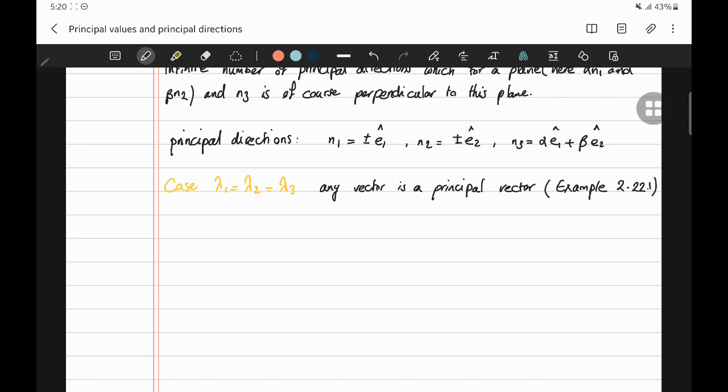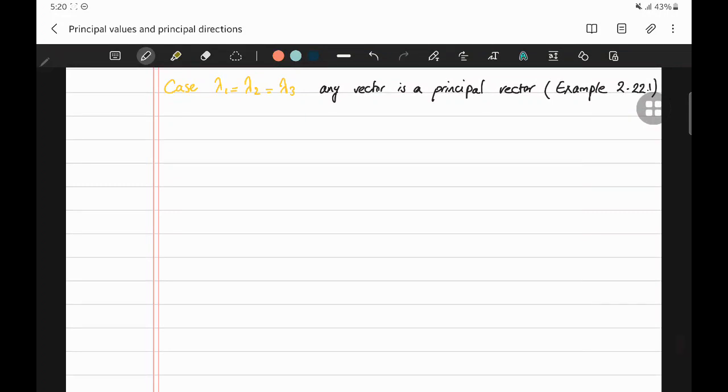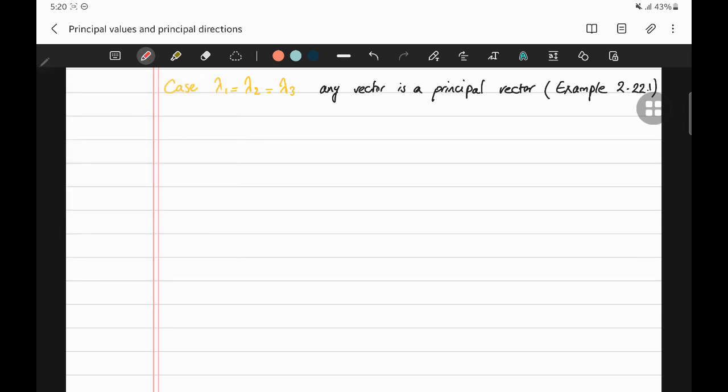All right, so this is all about the principal values and principal directions and how to treat them in a mutually perpendicular Cartesian coordinate system. But we can also write these principal values in a matrix form. As the book said, the matrix of a tensor with respect to principal directions.